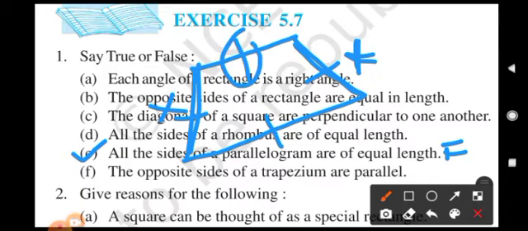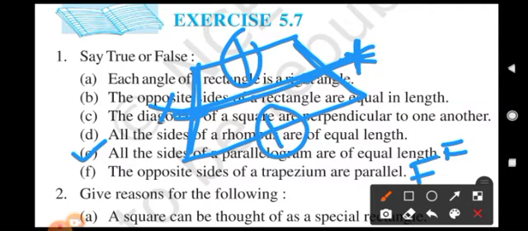The other pair is not parallel. That means this will be false. If it were mentioned that one pair of sides of a trapezium is parallel, then it would be true. But here it is just written opposite sides of a trapezium, and the opposite sides of all trapeziums are not parallel. So this is false. Hope everybody has understood.